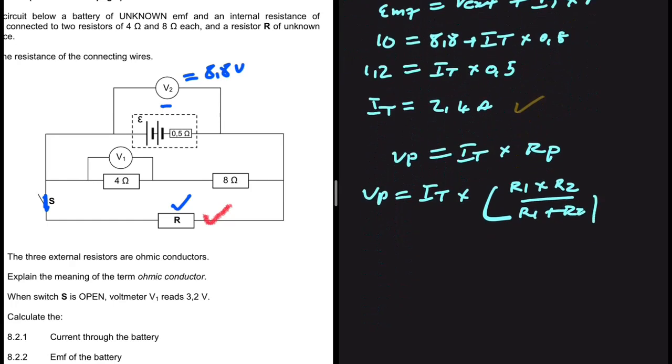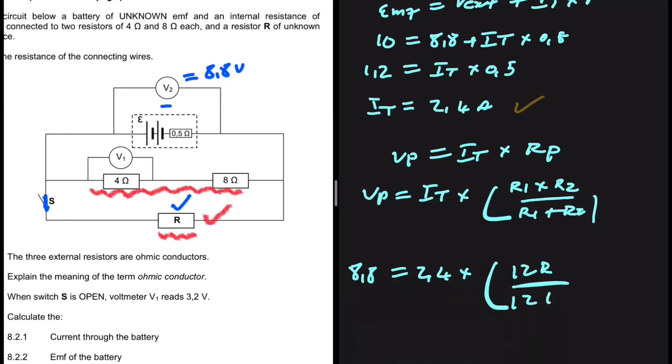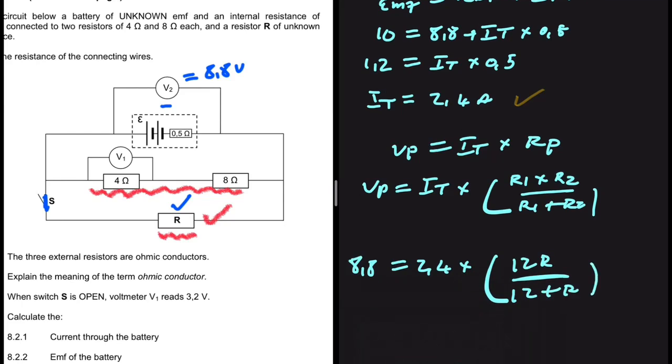VP, that is 8.8, IT, that is 2.4, multiplied by R1. Let's take the resistances on this path as R1, and we're going to take resistor R as R2. So R1, 8 plus 4, that is 12. So we have 12 multiplied by R, 12R, divided by 12 plus R.